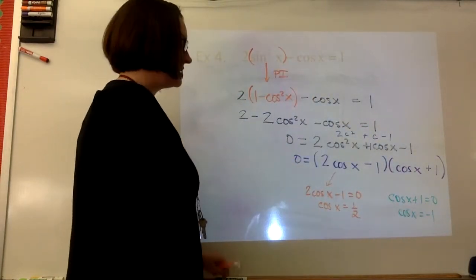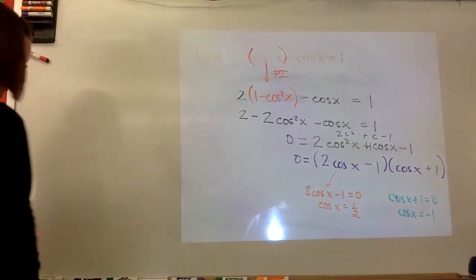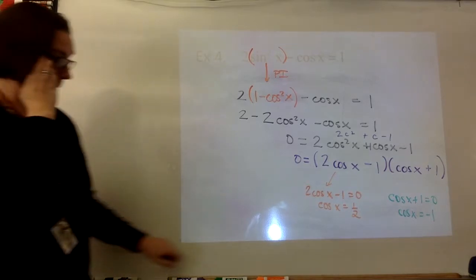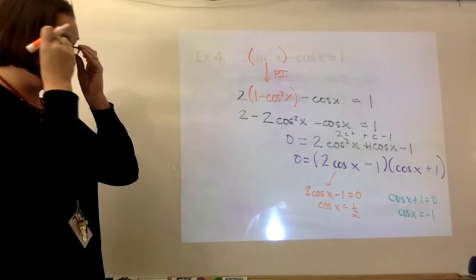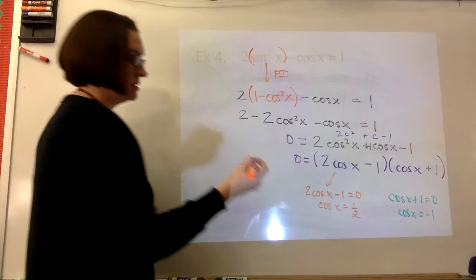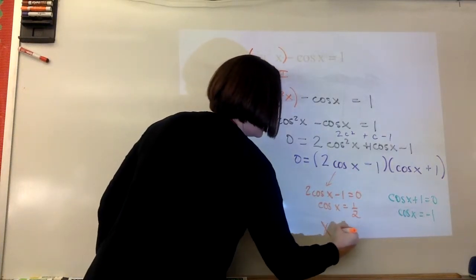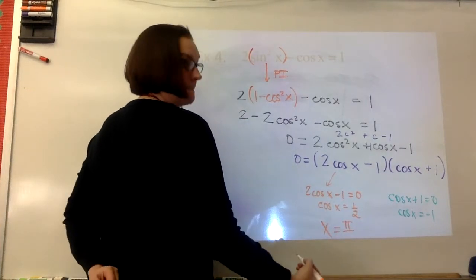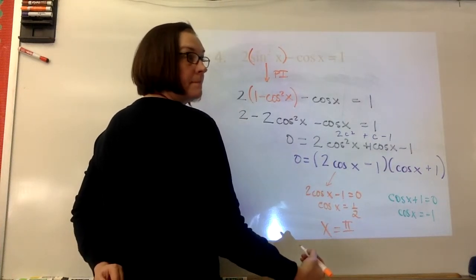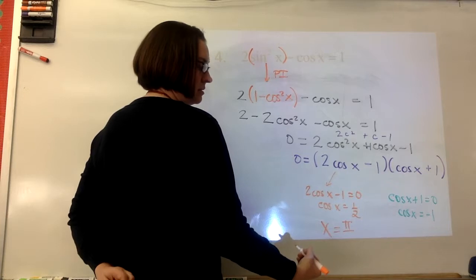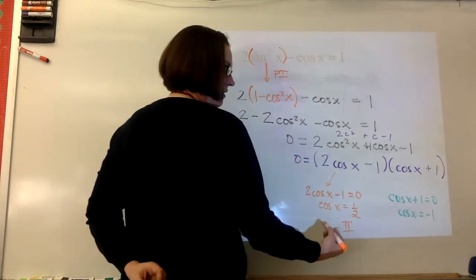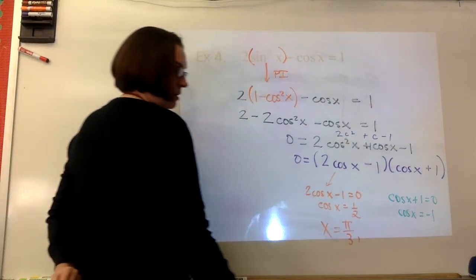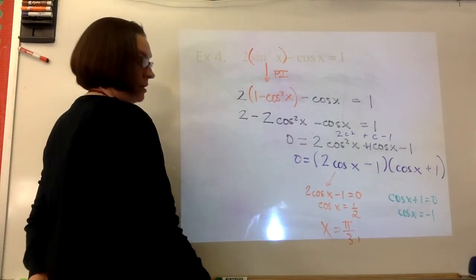And now I'm dealing with x again. So what do I get from the orange? X is radians now. Back to radians. X is equal to pi over, what's 60 degrees? Pi over 3, and what's the one in quadrant 4?